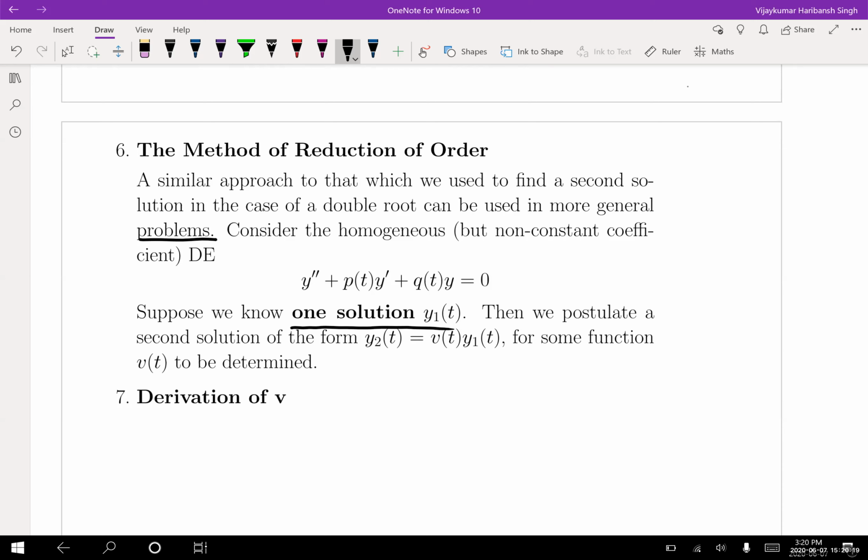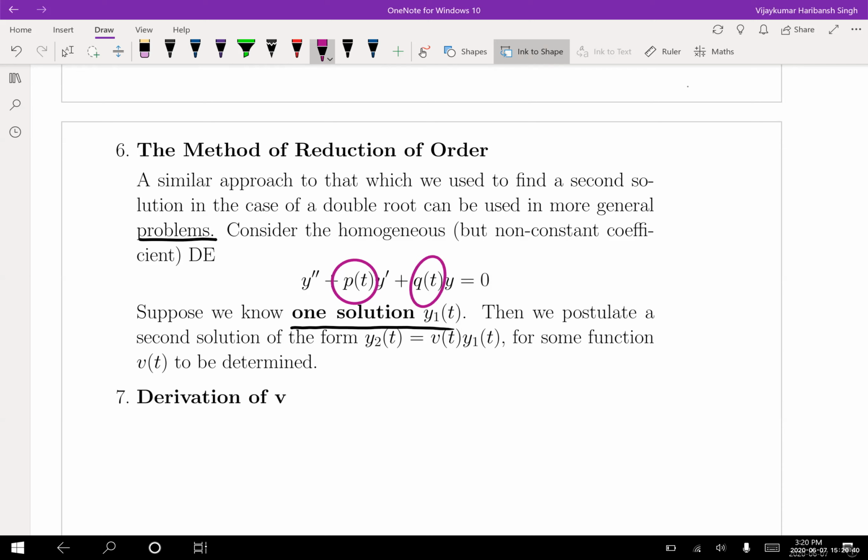Our characteristic equations are, at least for now, restricted to a homogeneous differential equation with constant coefficients. So these coefficients are not constants, right? You can see that this is a function of t, and this is also a function of t. So these are not constant coefficients.